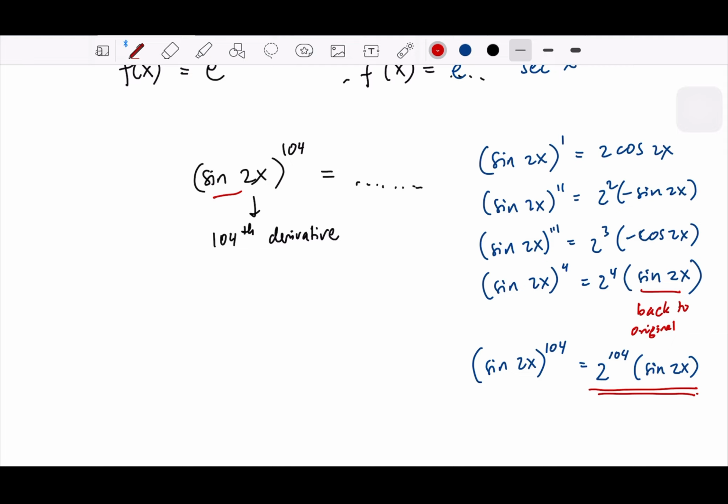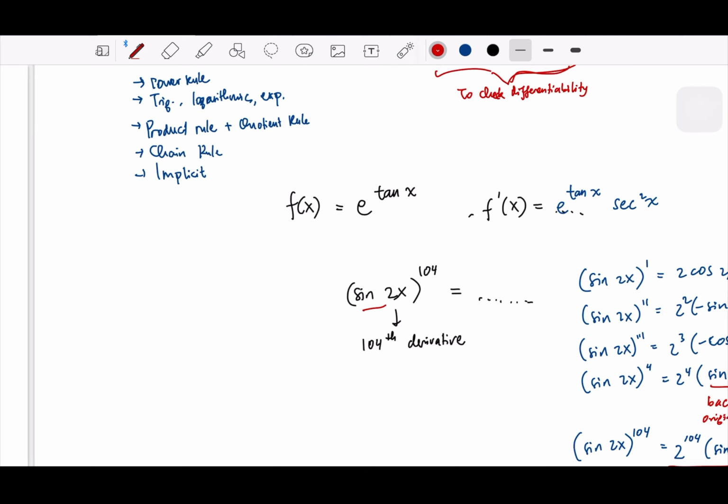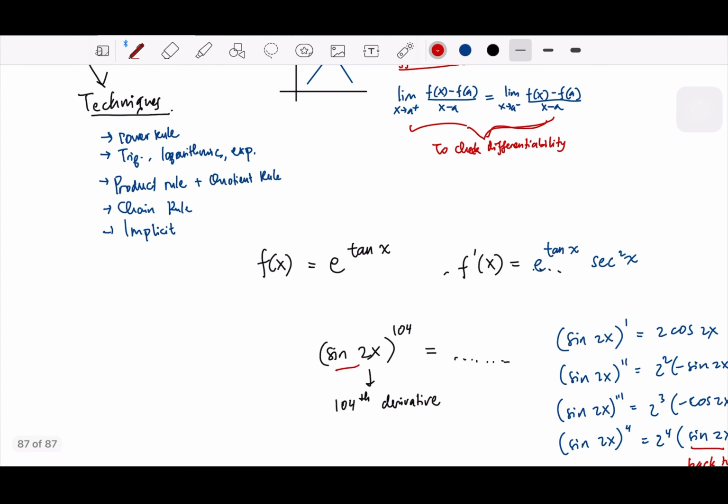And for chapter 3, I think we were just focusing on all these elements: the techniques and the definition, differentiability, for the midterm.